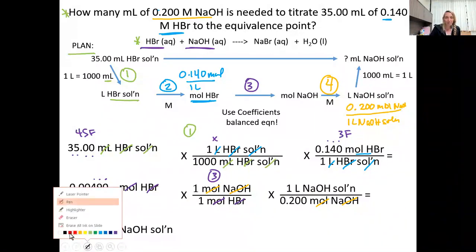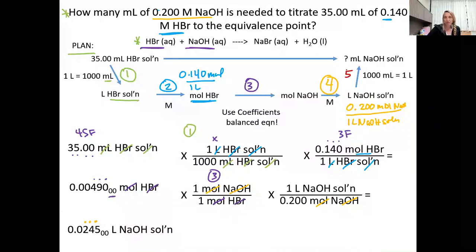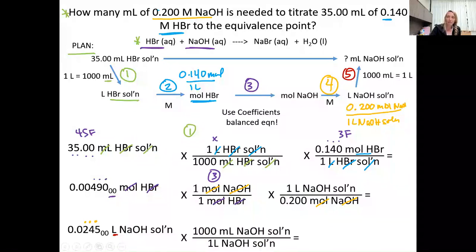My last step, step number 5, is to convert from liters to milliliters. Because I have liters at the top, I'm going to put those liters at the bottom. My units change, my labels stay the same when I'm using this conversion. So liters at the top cancel with liters at the bottom, sodium hydroxide cancels with sodium hydroxide, solution cancels with solution.